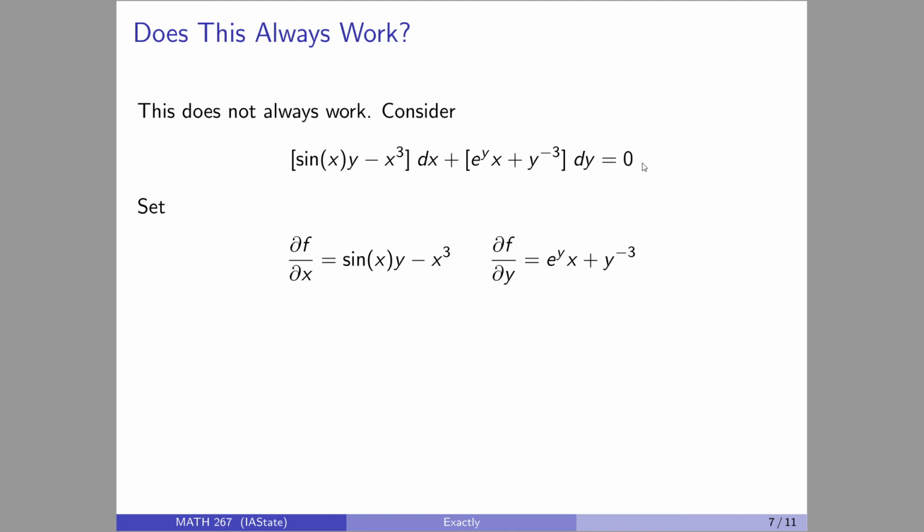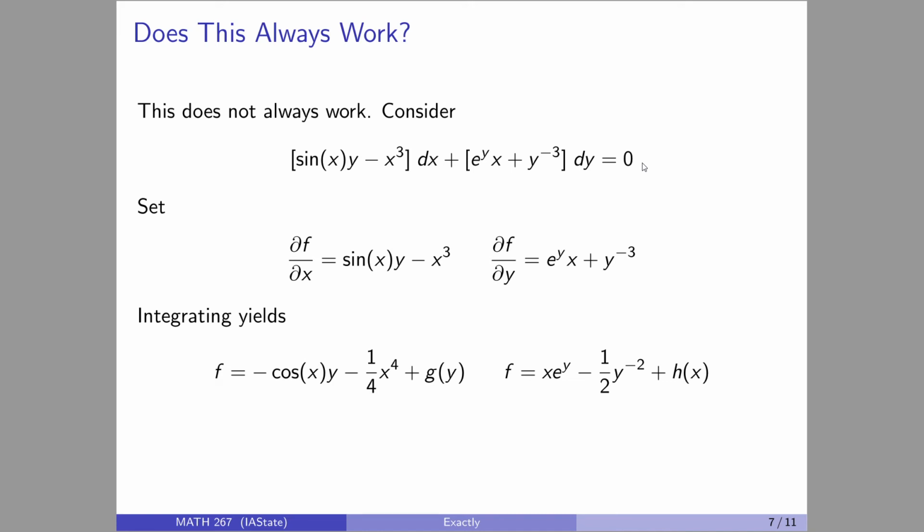Before we even get into it, you should immediately be very wary of the method, because it doesn't seem like it's going to go as nicely as it did last time, because when I do my integration, things are a lot more wild this time. The mystery function with respect to x that showed up matches up with this one right here.